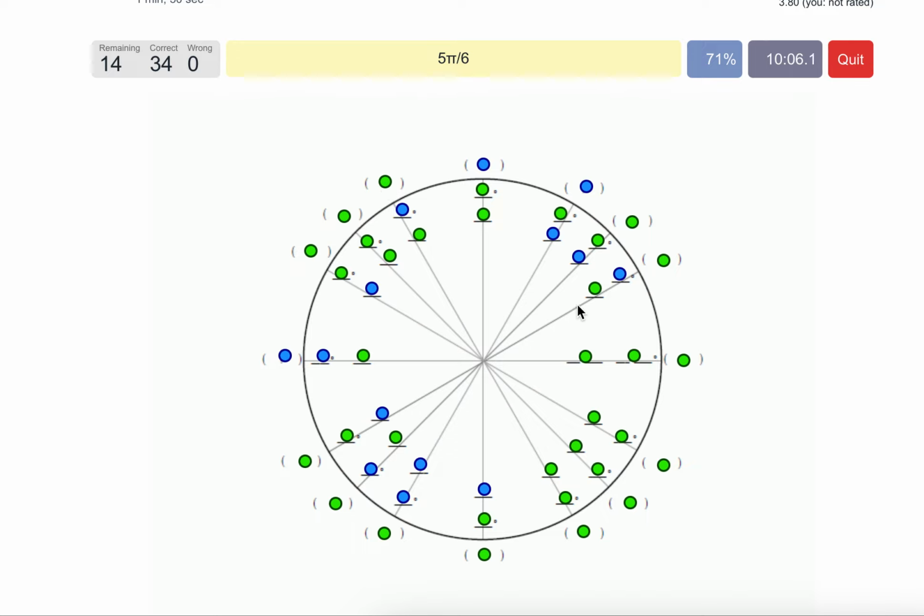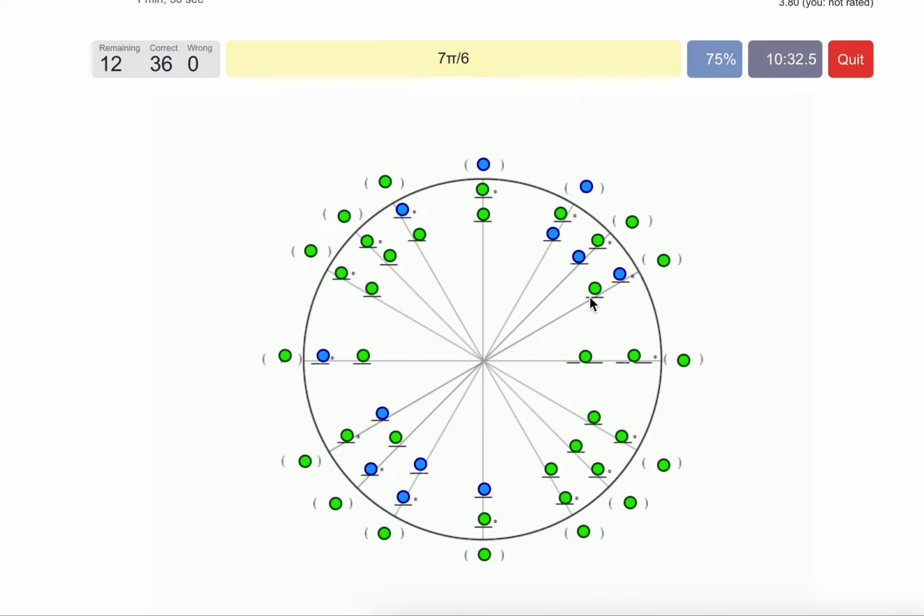Alright, remember this is pi over 6, so just count 1 pi over 6, 2 pi over 6, 3 pi over 6, 4 pi over 6, 5 pi over 6, right there. So this one, this is 0, x equals negative 1, y equals 0, so right there.